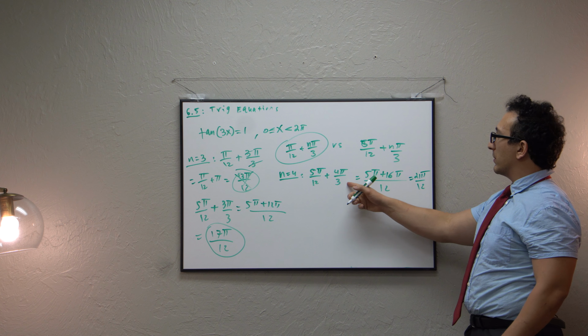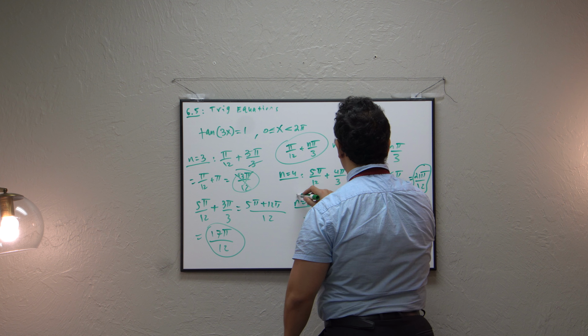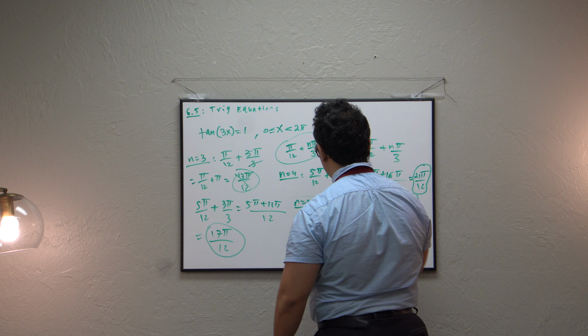This exceeds 2 pi because 12 goes into 25 once, twice at 24, and then some more at 25. So it exceeds this interval. This value is strictly greater than 2 pi. 25 pi divided by 12 is strictly greater than 2 pi. You can check that in your calculator, or you can think about it numerically in your head. So we stop plugging in values. N equals 5 is where the buck stops. So we don't plug in any more values at this point.